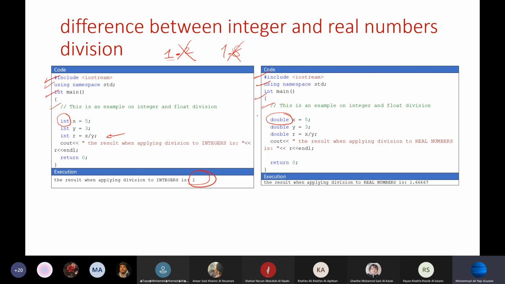Now, if it's double, with the same values, x equals 5, y equals 3, and double r equals x divided by y, then the result will be 1.1667, while here only 1. Why is that? Because here it is integer, and in integer we only take the integer part, while here it's real, so it takes the floating point as well.